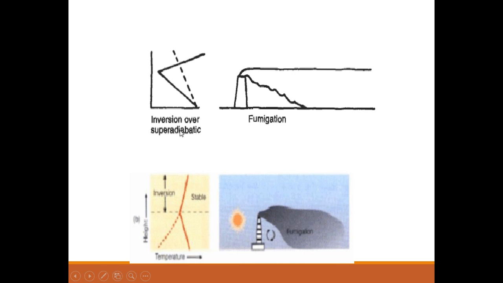Now this is where you have a combination of inversion and super adiabatic. So super adiabatic, again, unstable atmospheric conditions, and then you also have an inversion overlaying that. So that's what we're looking at here. So you have the unstable conditions below, and then overlaying that you have an inversion.